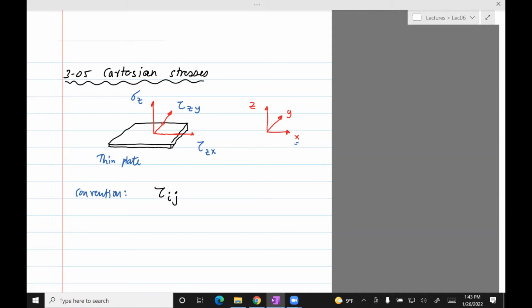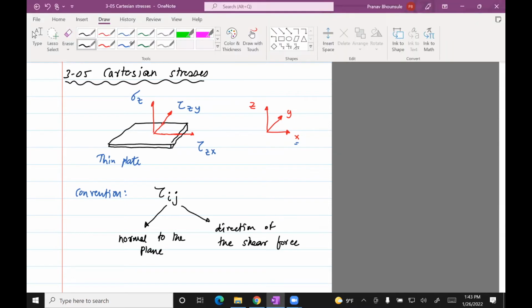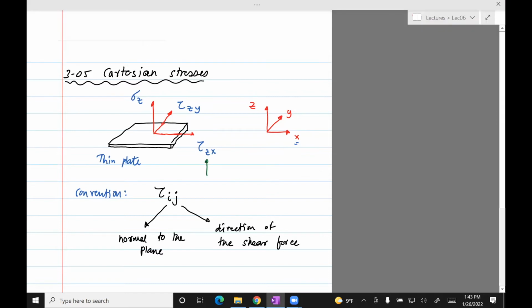But what about tau ij? How do we decode i and j? The first index i is always normal to the plane. And the second index gives me the direction of the shear force. So to interpret that here, I wrote tau Zx.